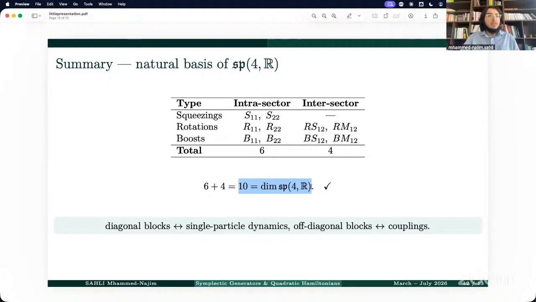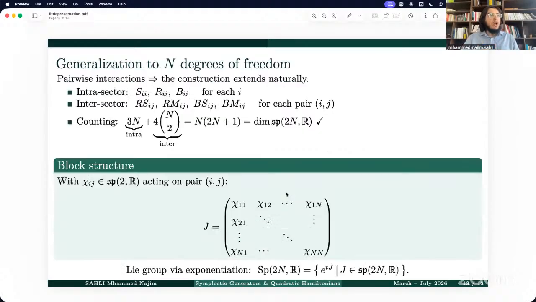We wanted to generalize a little bit and see if we can extend it to n degrees of freedom. To do so, the only assumption we took is that an interaction, a correlation, only occurs between two particles within a pair of particles or degrees of freedom.